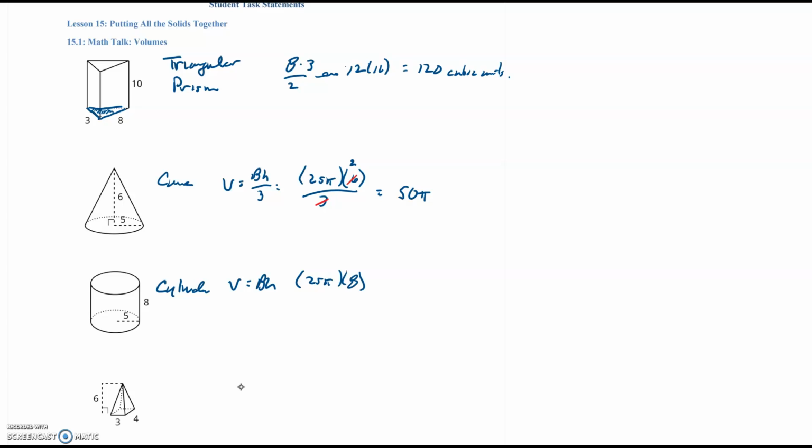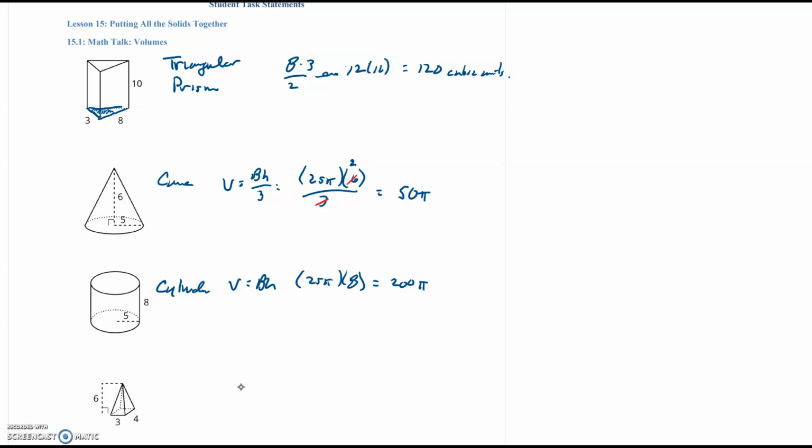Now, anytime I'm multiplying by 25, I think of money. If I have 25 cents, that's a quarter. So basically what I'm asking here is if you have 8 quarters, how much do you have? Well, you have $2 or 200 cents. So this is going to be 200 pi cubic units.